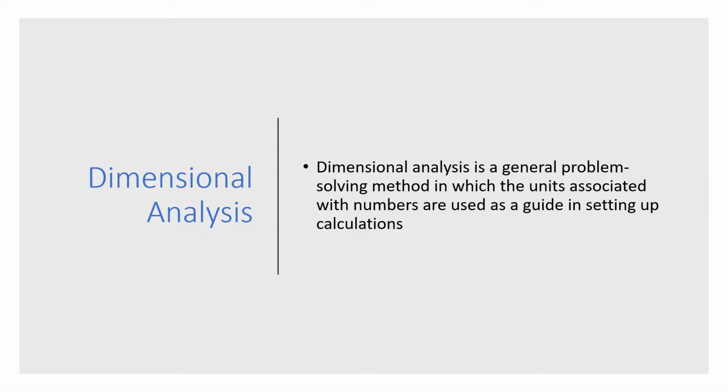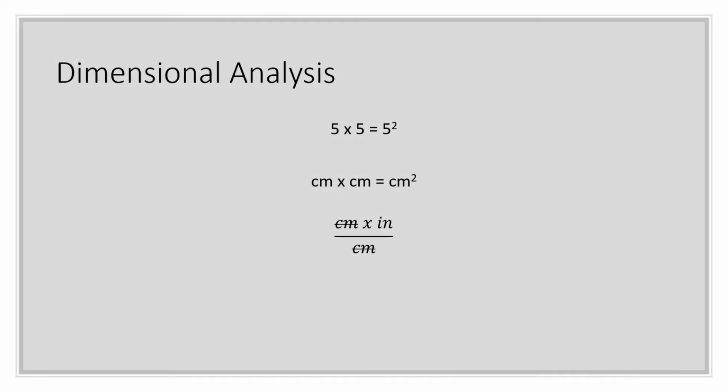Now, as an example for dimensional analysis, here is a simplified set of examples. You're going to see here 5 times 5 is also equal to 5 squared. So how did this become dimensional analysis?